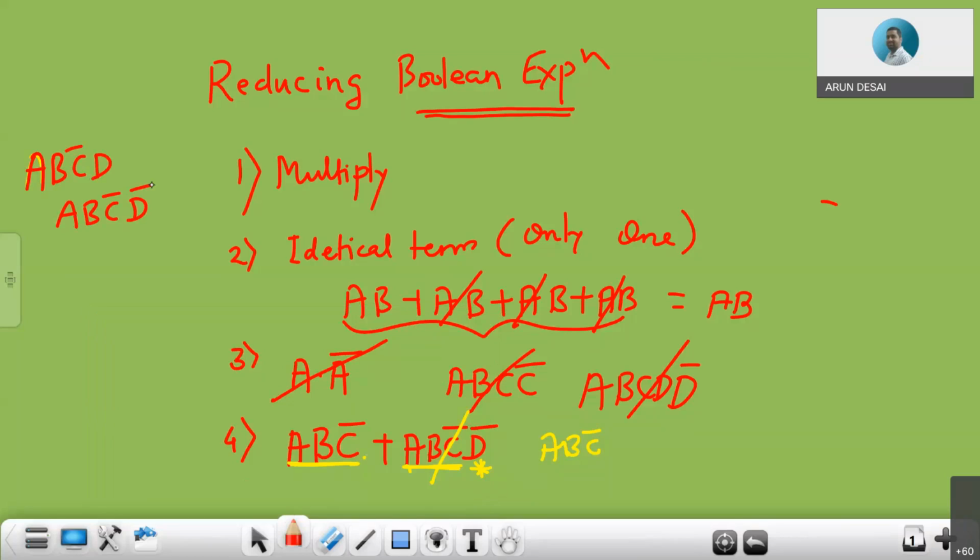The variable which is present in one term and whose complement is present in the other term should be dropped, and the remaining stays in that term. So ABC is common, which should be treated as the result. So those are a few rules available for reducing expressions.